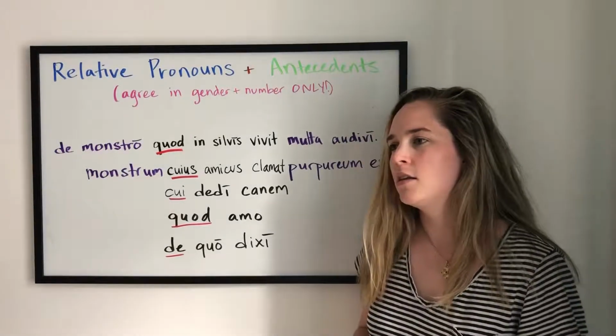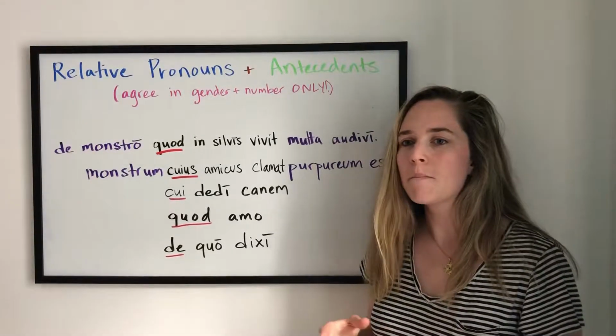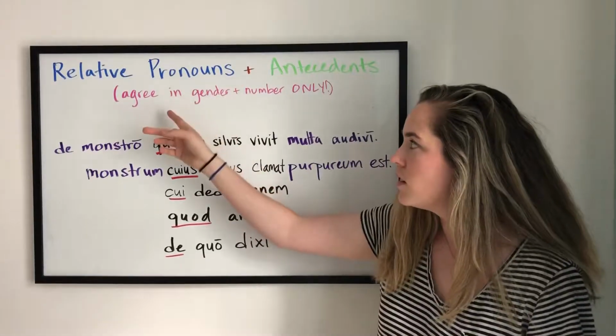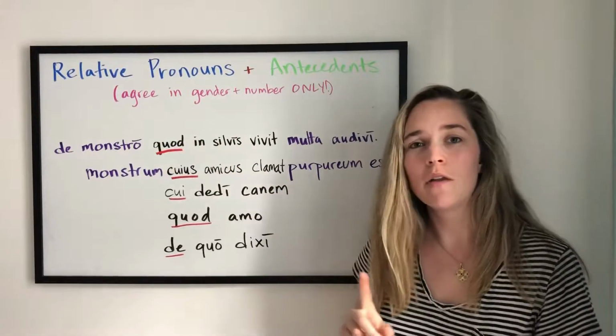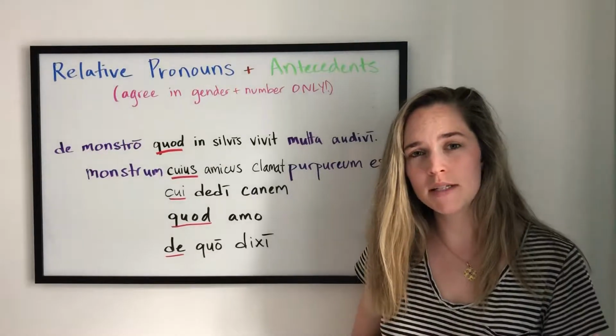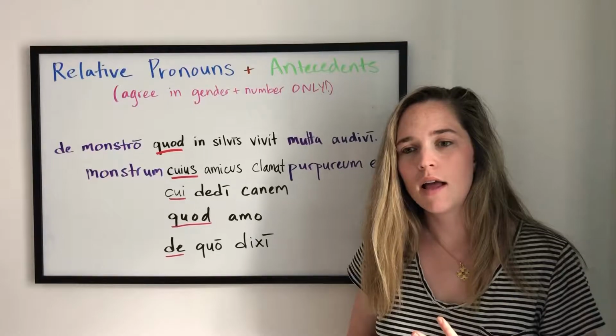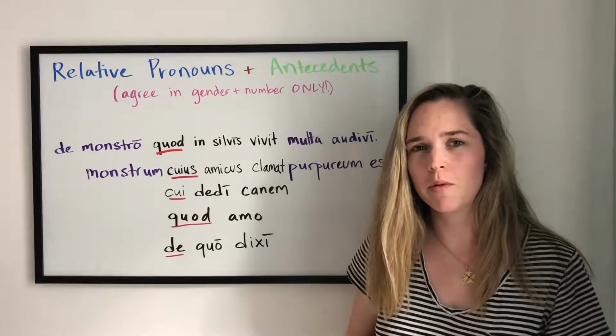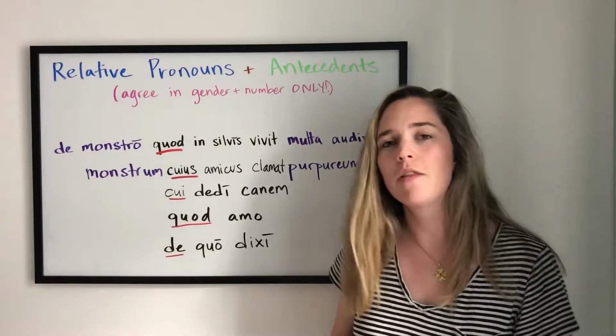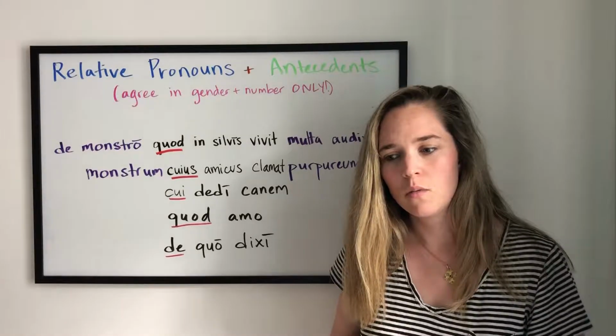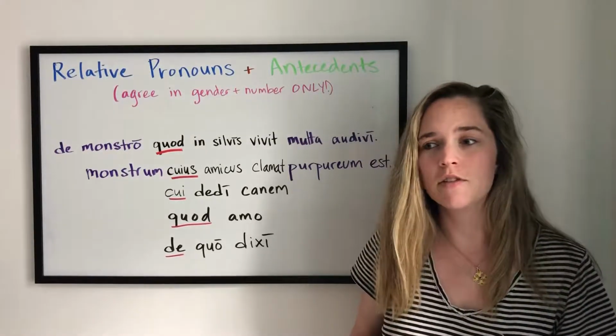In Latin, the relative pronouns have different forms depending on their gender, whether they're masculine, feminine, or neuter, depending on their number, whether they're singular or plural, and depending on their case, whether they're nominative, genitive, dative, accusative, or ablative.